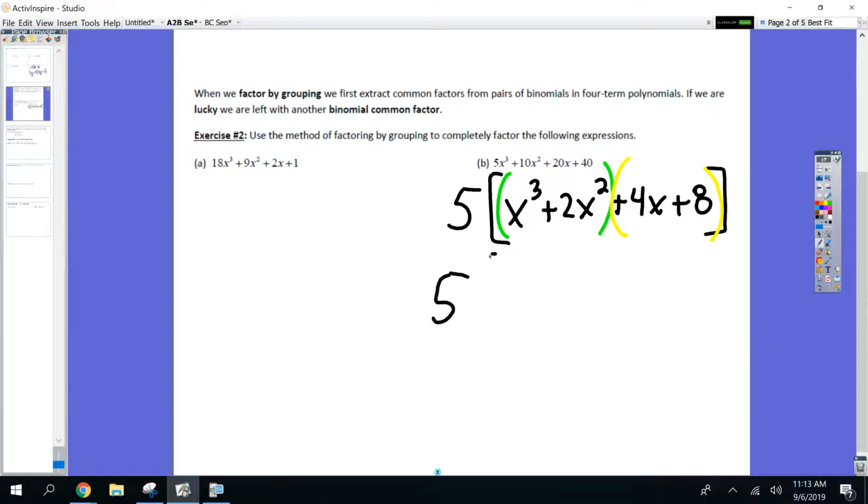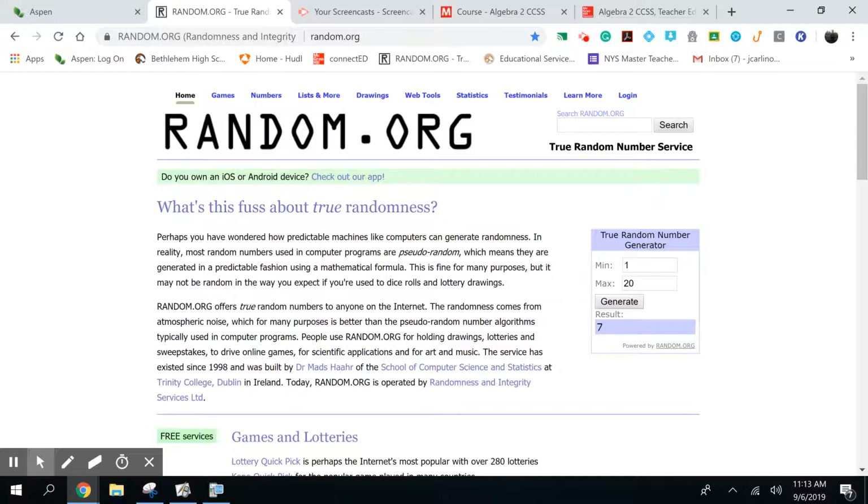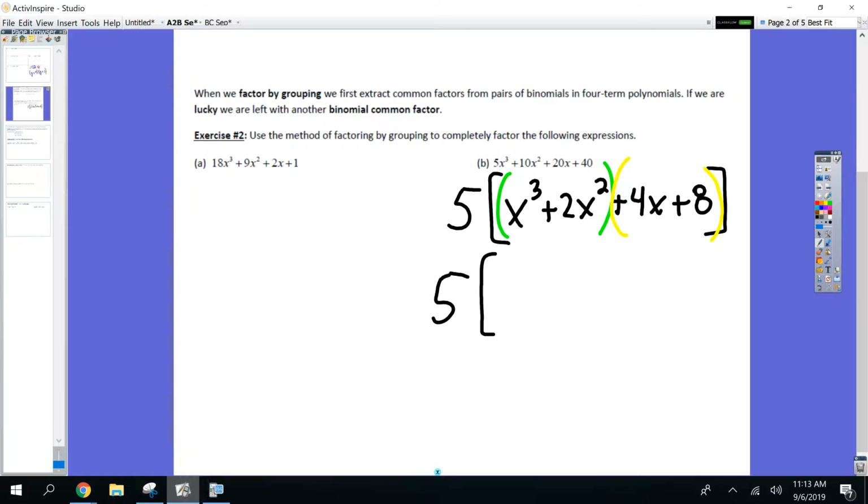All right, going to turn it over to you guys now. What can you take out of the first grouping? 7, what can I take out of the first grouping? Yep. And what would you be left with? X plus 2. Name, by the way? Alex.